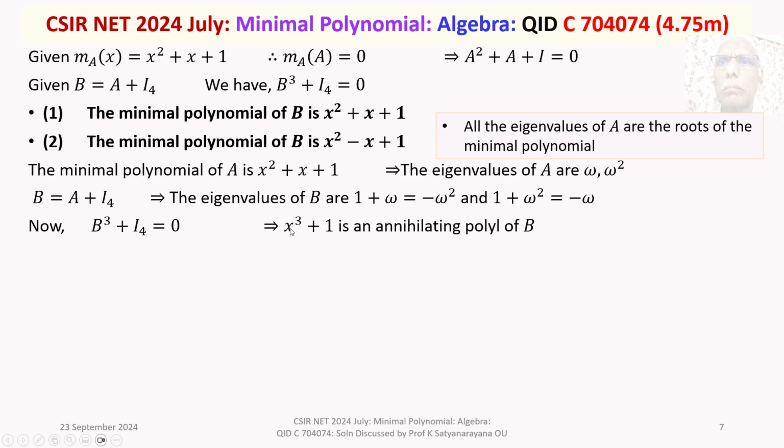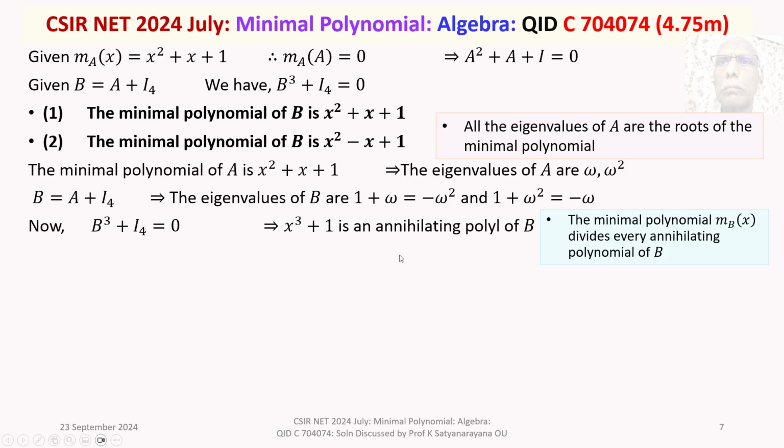So that means x cube plus 1 is an annihilating polynomial of B. Let us recall a property of the minimal polynomial of B. The minimal polynomial divides every annihilating polynomial of B.